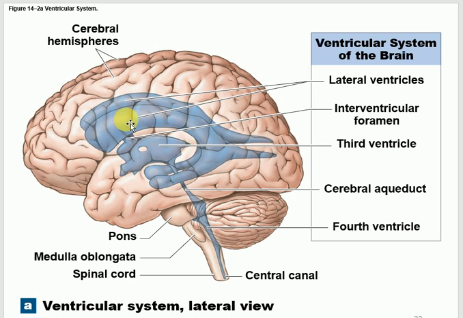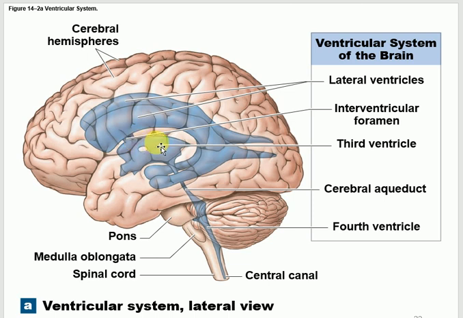Where do we make it? Lateral ventricles first. And then what? It moves down through the interventricular foramen, the opening between the ventricles. Which ventricles? Lateral and third. That's where the name came from: interventricular, inter meaning in between, the opening in between the ventricles.